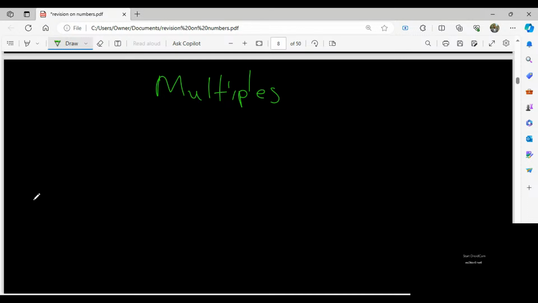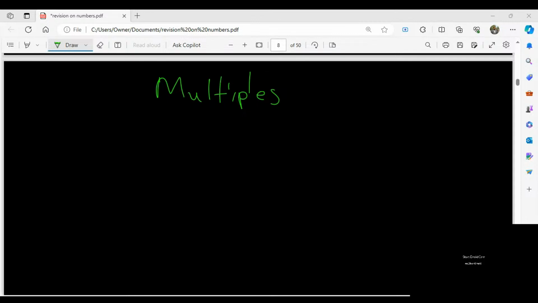Multiples. All right. So let's look at how multiples work for this problem.